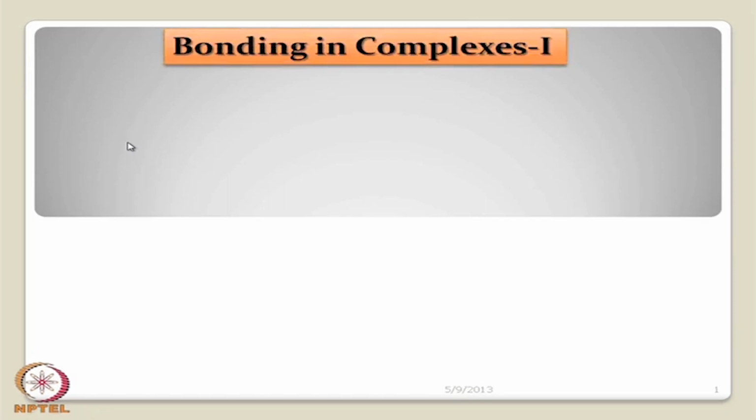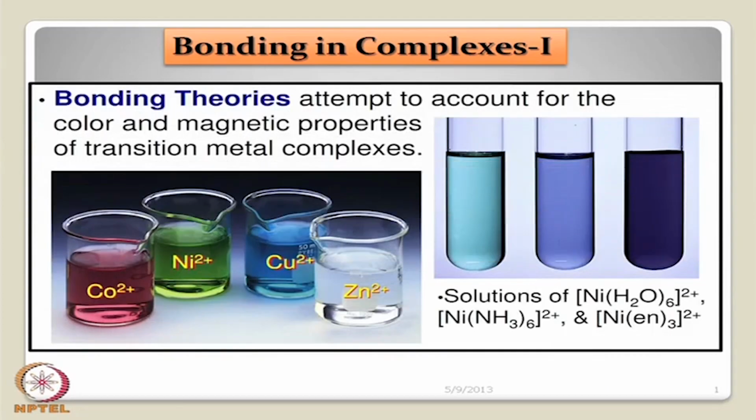So in this particular class where we will be talking about bonding in complexes, we will be very much interested to know how the hybridization concept can be introduced in dealing with the corresponding bonding nature of the metal-ligand bonds.